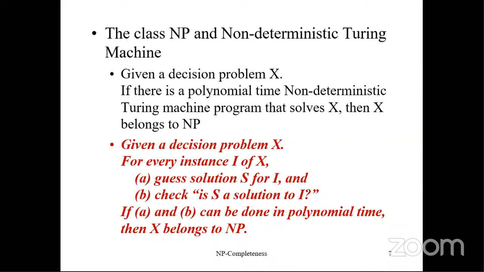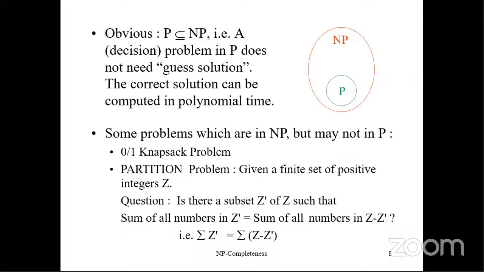So what we're seeing here clearly is that the problems solved in P are either a subset of or equal to those solved in NP. Because if you look at it, we said that for every instance I in X, this problem X is polynomial time.